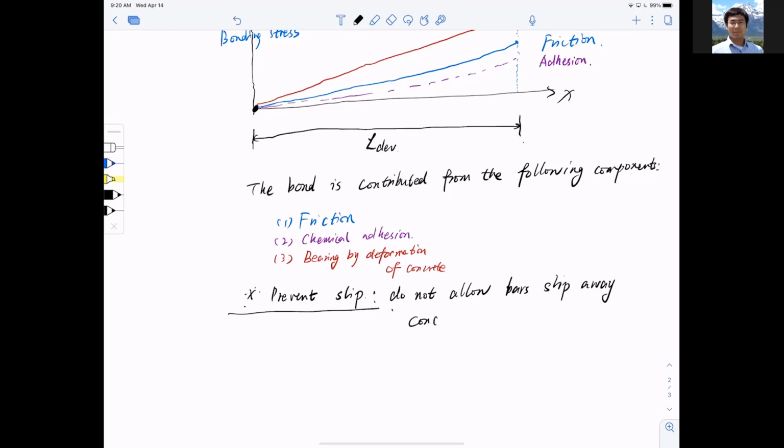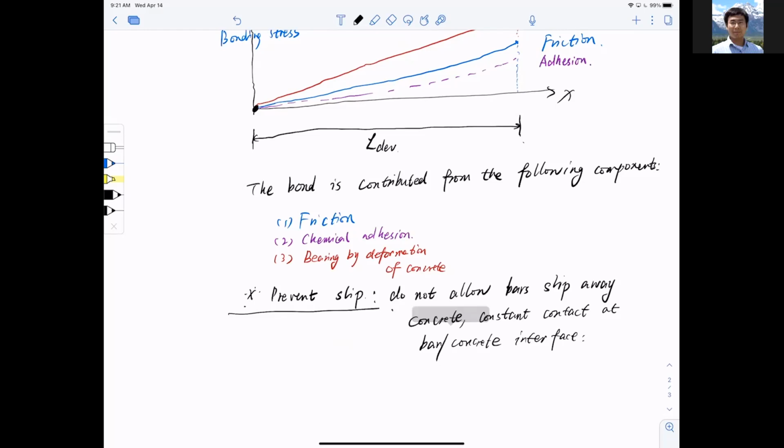Meaning we do not allow the bar to be running away from concrete. There's always constant contact at the bar-concrete or steel-concrete interface. So this is critical.